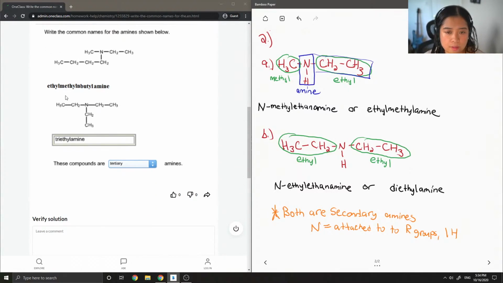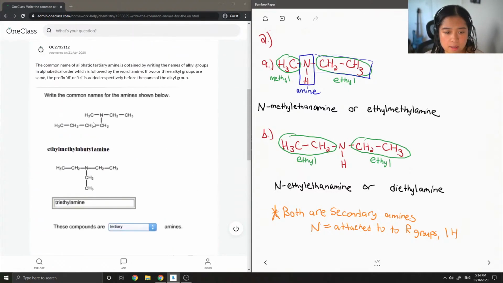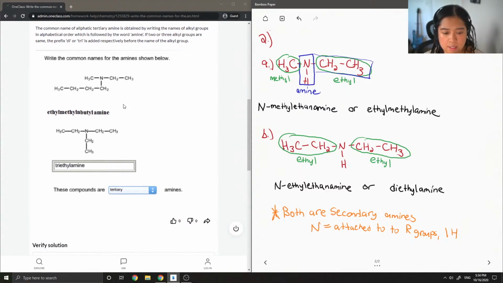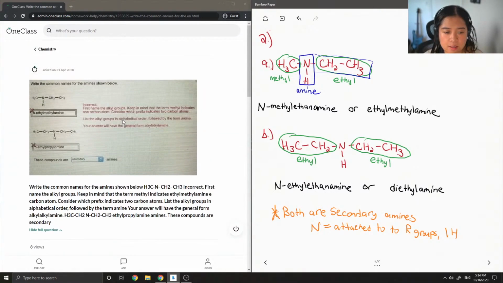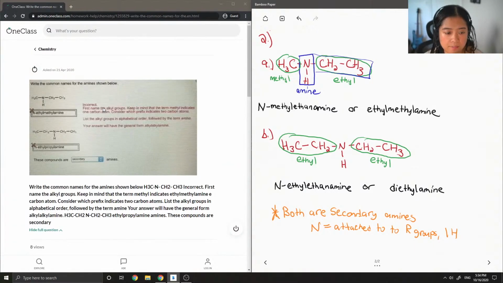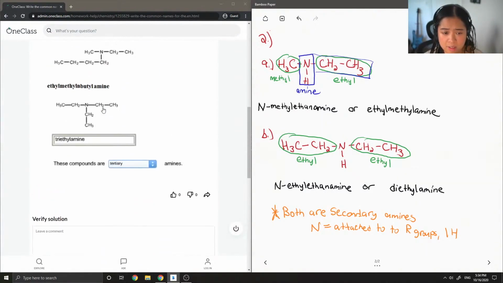So the explanation was right, but it looks like the answer that is given here is not the same compounds as the ones given in the question.